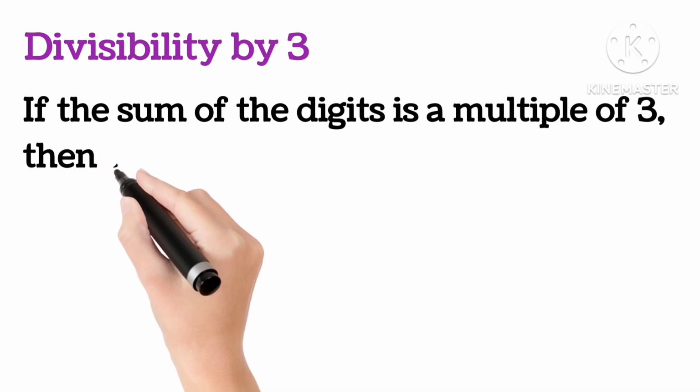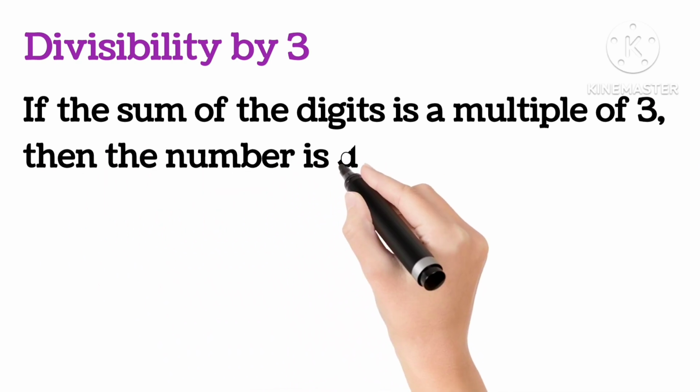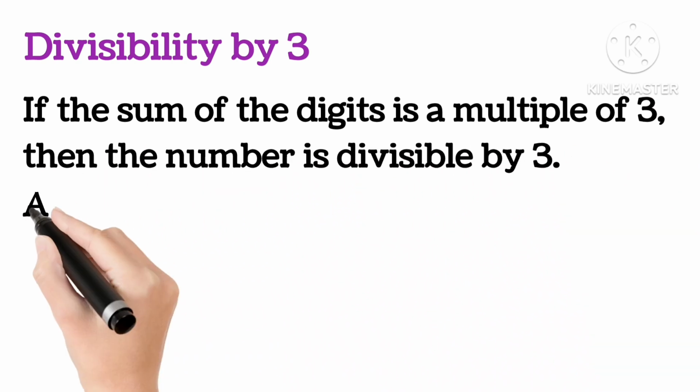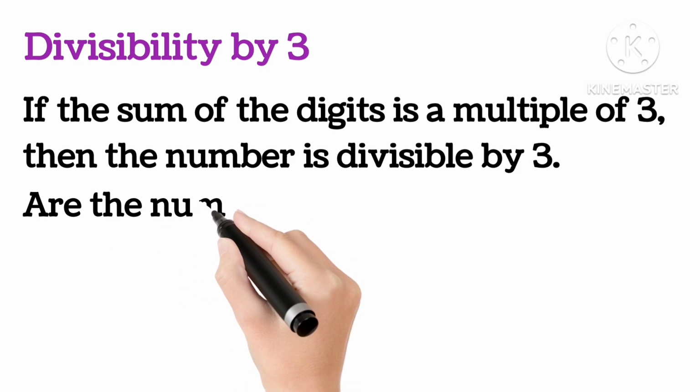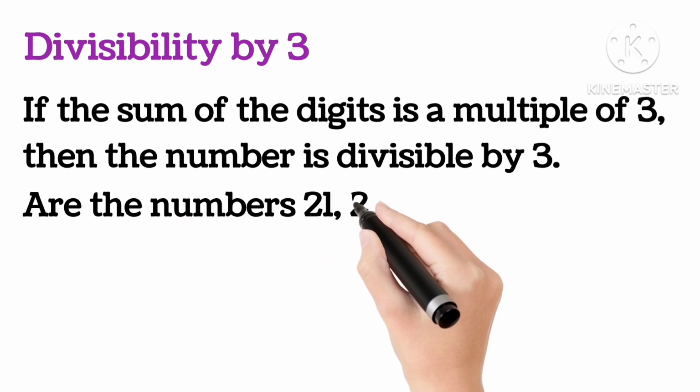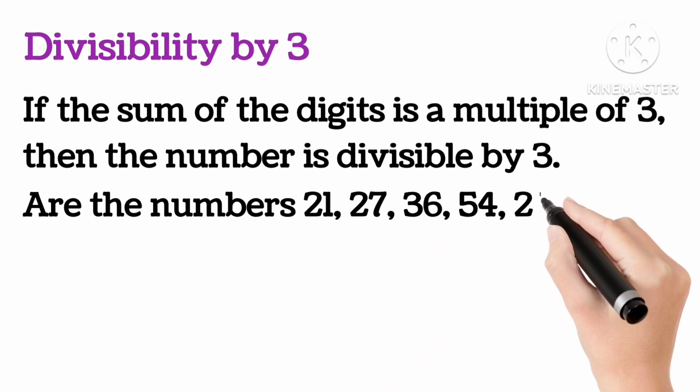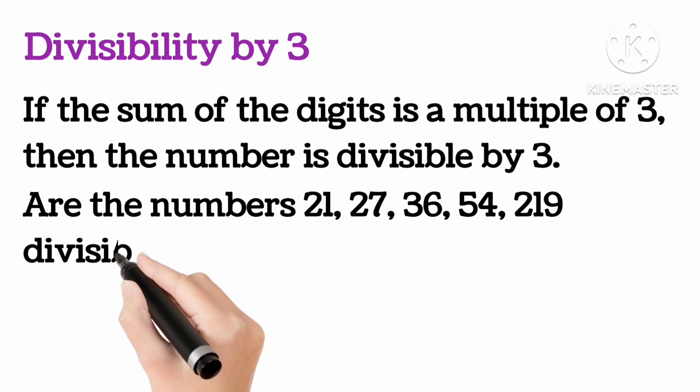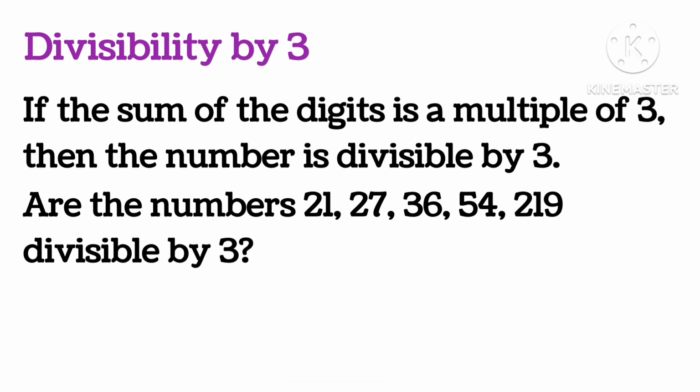It says if the sum of the digits is a multiple of 3, then the number is divisible by 3. For example, if I have a number which has 3 digits, and the sum of all the 3 digits is divisible by 3, then the entire number will be divisible by 3. Let's take the example of the number 219.